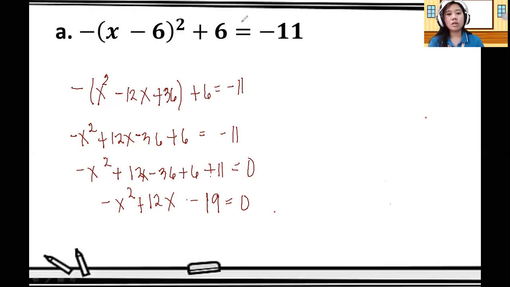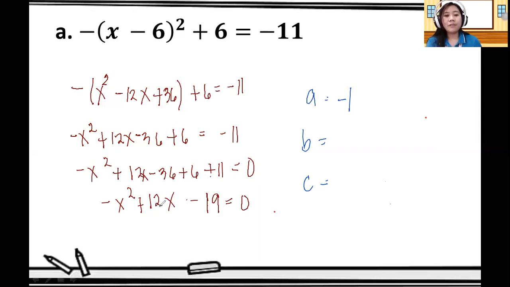Okay, let's change the color to identify the values. Okay, so we have A, B, and C. Okay, class. So, negative x squared. What do you think is the value of A here? So, very good. So, we have negative 1 because there is an imaginary 1 beside x.